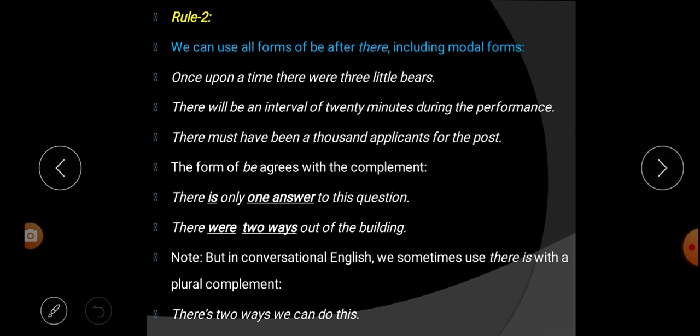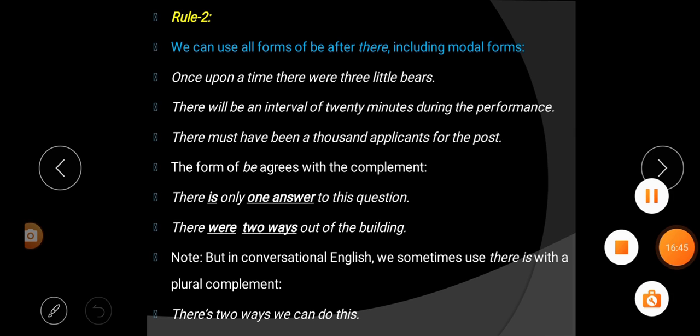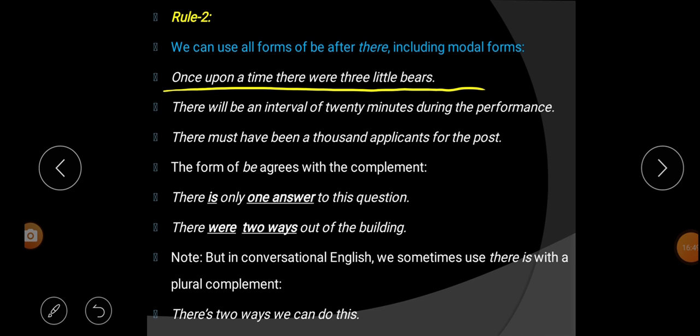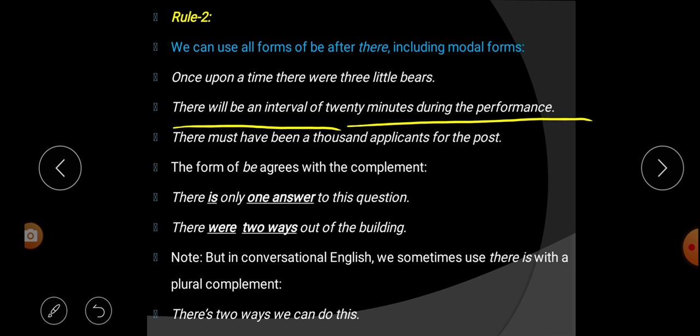Let us look at some examples. Once upon a time there were 3 little bears. So here is the introductory there, and after there the be verb were is used. Understood? Next, there will be an interval of 20 minutes during the performance.